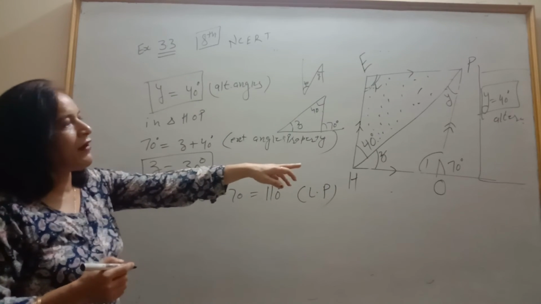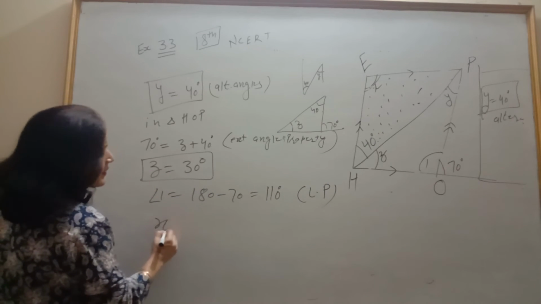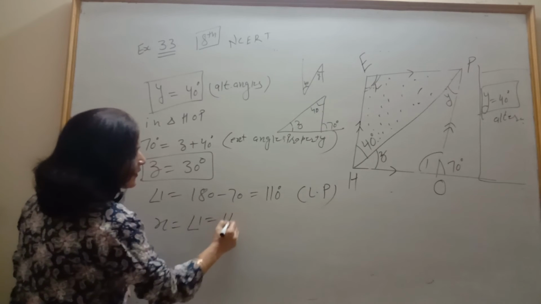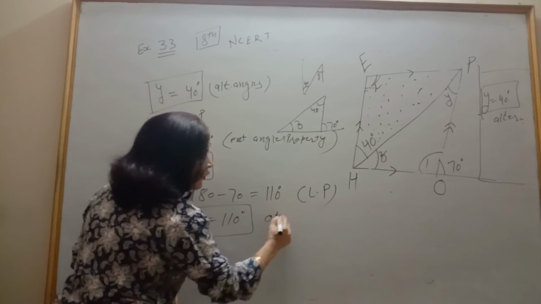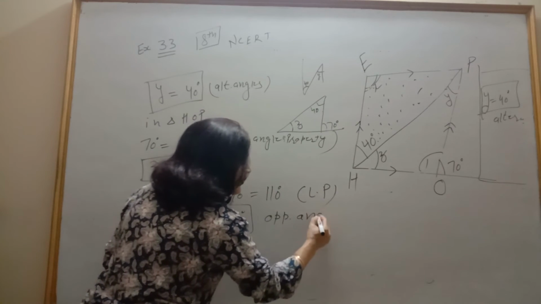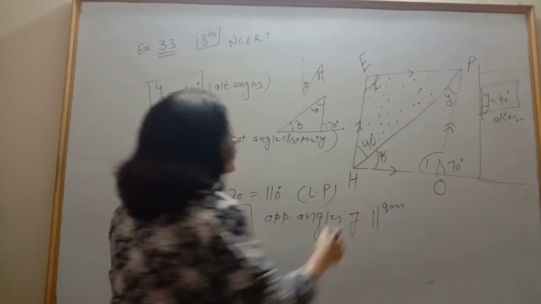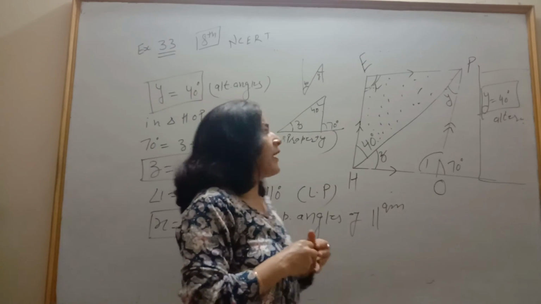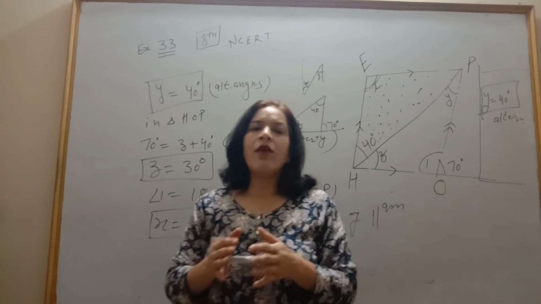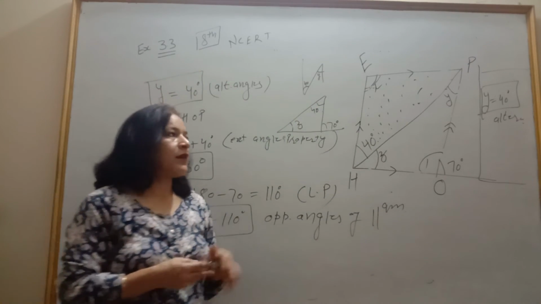So if angle 1 is 110 degrees, then X is equal to angle 1, that is 110, opposite angles of a parallelogram. So in this way you can opt for any method, only what we will take care of is that the properties of a parallelogram should be used properly.